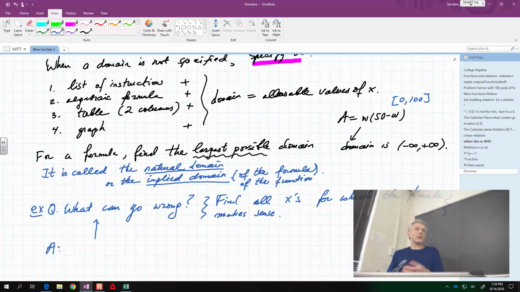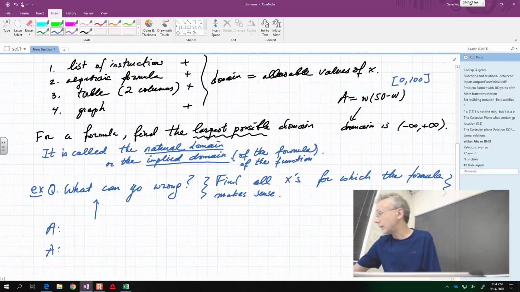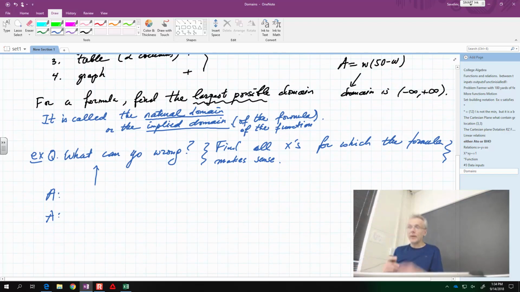Do you remember any occasion when you did something and then you were told that you cannot do that with some numbers? You can't have negative numbers. That's right, but that was my second answer. There's a simpler one before we get to that one. Some negative numbers don't work out as well as positive. But what is the simpler example of what you're not supposed to do in algebra?